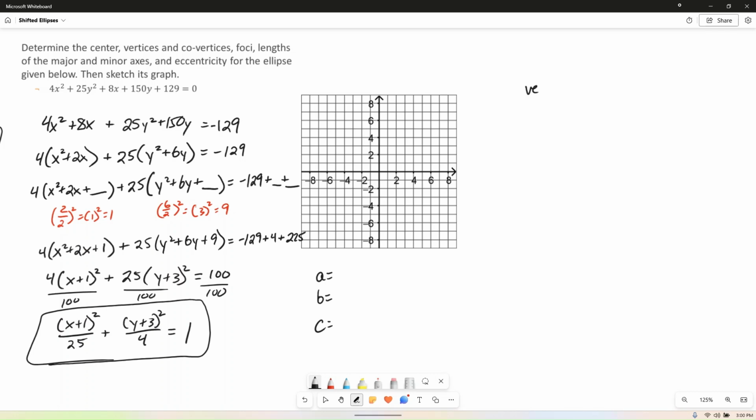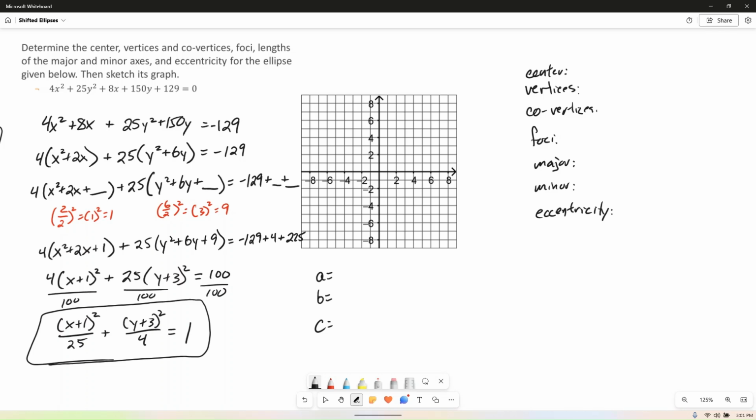So again, the key characteristics that we're looking for are the center, the vertices, the co-vertices, the foci, the length of the major axis, the length of the minor axis, and then the eccentricity. So let's start with A, B, and C.